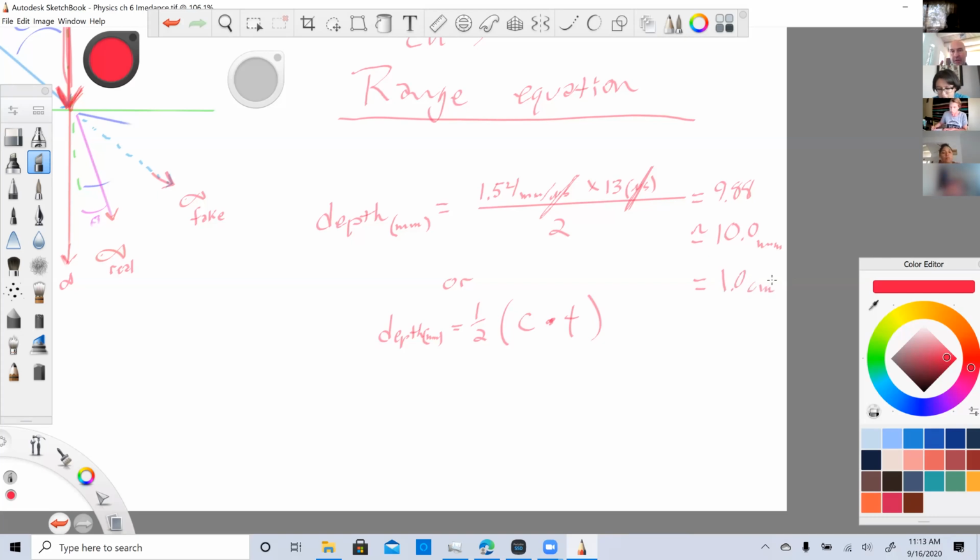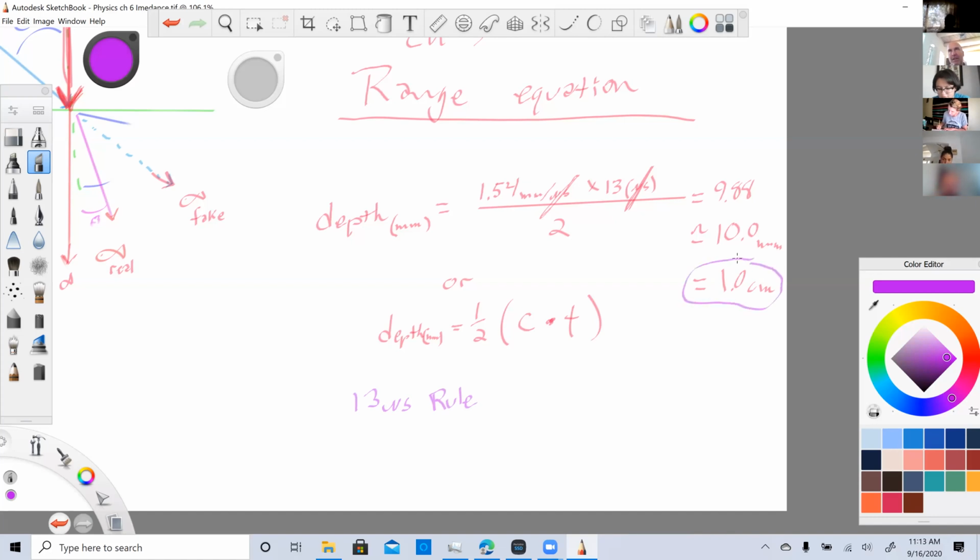So 13, you might guess, is an important number for us. This is the 13 microsecond rule. Why 13? Because that's the nearest whole number that gets us really close to 1 centimeter.